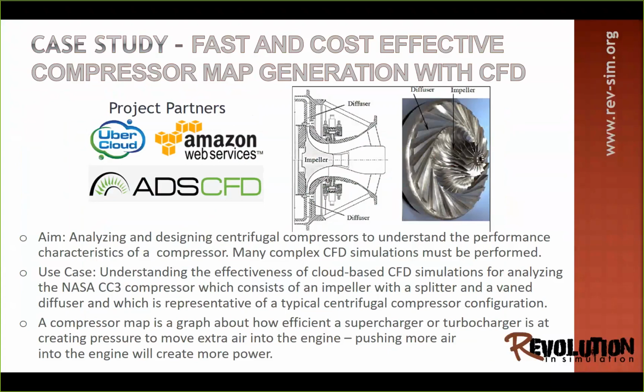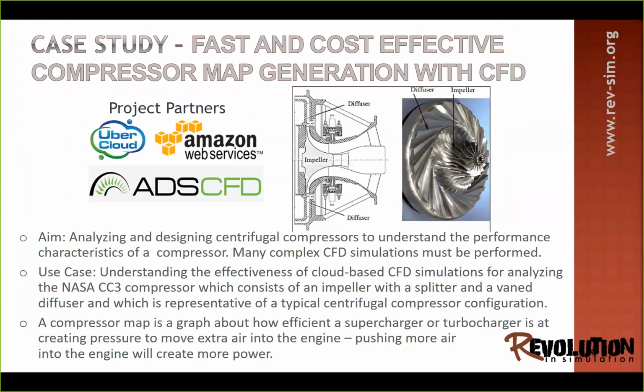The use case is about understanding the effectiveness of cloud-based CFD simulations for analyzing, in this case, the NASA CC3 compressor, which consists of an impeller, which you see in the upper right picture, the impeller with a splitter and a vane diffuser, which is representative of a typical centrifugal compressor configuration.